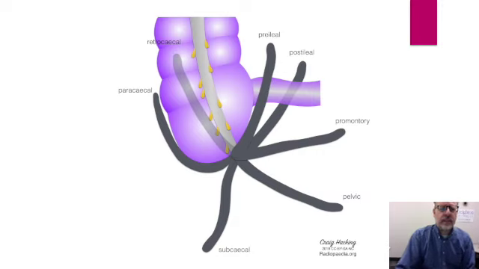This diagram illustrates the variable positions of the appendix. For reference, this is the ileum, cecum, and this gray structure is the appendix. The appendix can lie lateral to the cecum. In a paracecal location, it can lie posterior to the cecum.